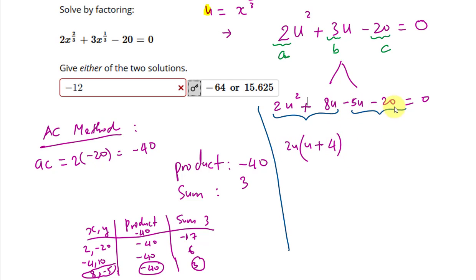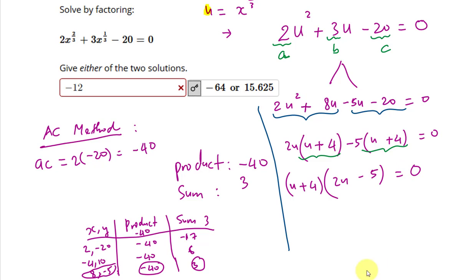Between minus 5u and minus 20, I can factor out minus 5. Then I have u, and minus 20 divided by minus 5 gives me plus 4. Now you see we have another common factor, u plus 4, which I can pull out. The first term I have 2u, the second term I have minus 5, equals 0.